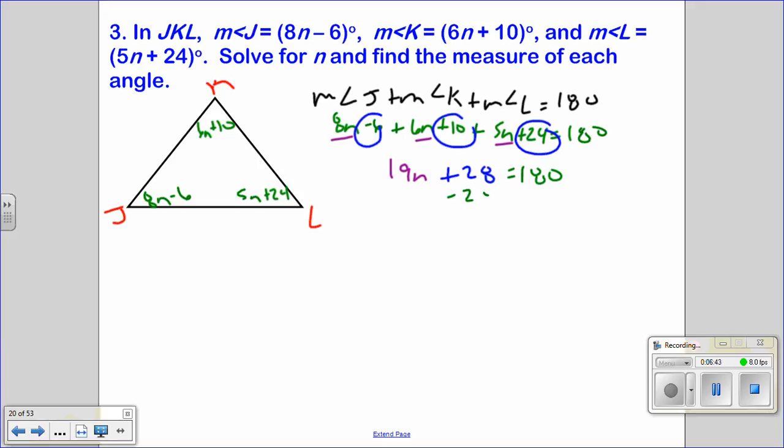So now we're going to subtract 28 from both sides. So we have 19n is equal to 152. And divide both sides by 19. I'm guessing it'll be a decimal, but let's find out.